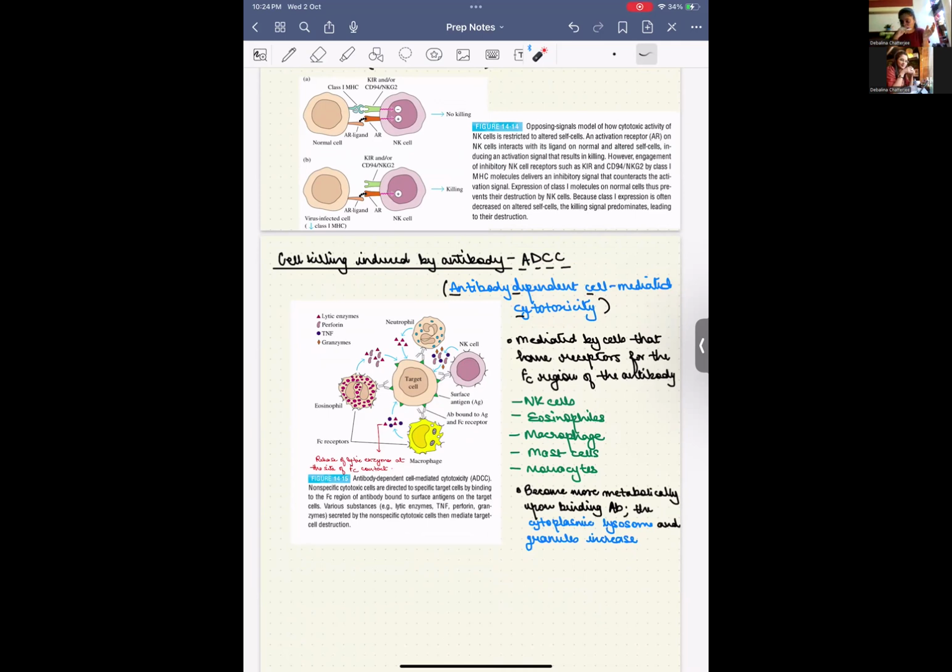Because antibody molecule in itself cannot get inside a cell or kill a particular cell. Antibody molecule is there to specifically mark a cell type. Antibodies are very specific and they are going to recognize the antigens present on the pathogens.